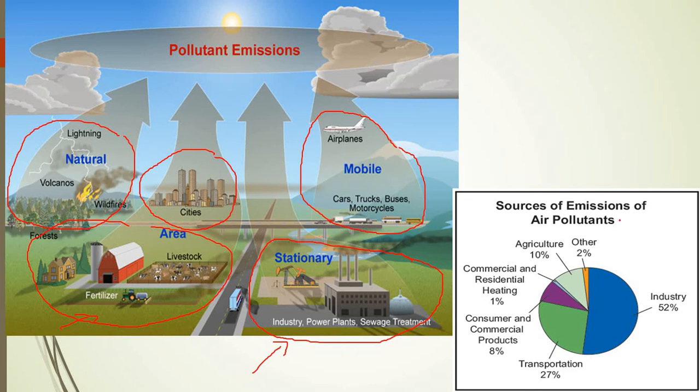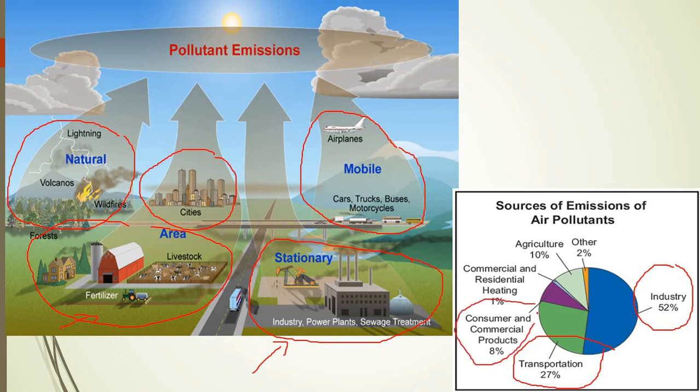The sources of emission of our air pollution: industry percentage is 52%, but nowadays industry covers 60% of the pollution created in the atmosphere. Then the transportation, where all types of engines use fossil fuel and give exhaust from the silencer, creates 27% pollution.